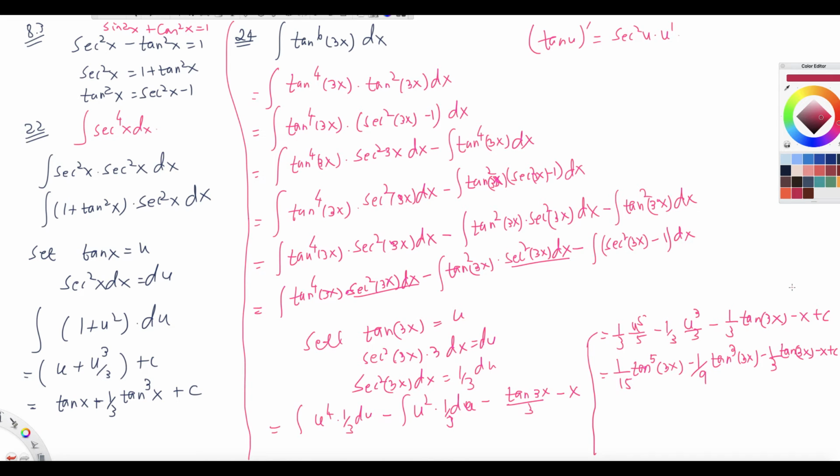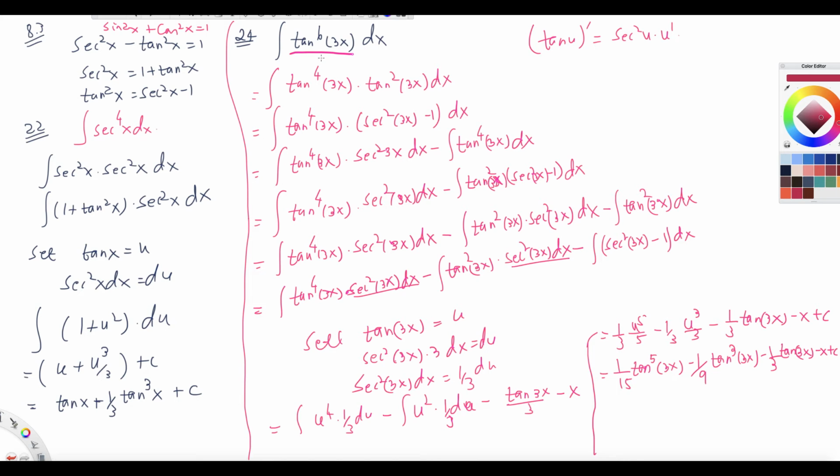Okay guys, so it was a little bit long, but it follows the same techniques, right? But you need to know which one should be u, and if there is only one trig ratio, then you need to break that into two trig ratios. So you need to know whether, on this one for example, I need to do tangent to the 5th times tangent to the single power, or tangent to the 4th times tangent to the double power.